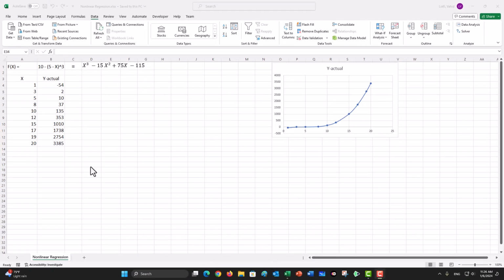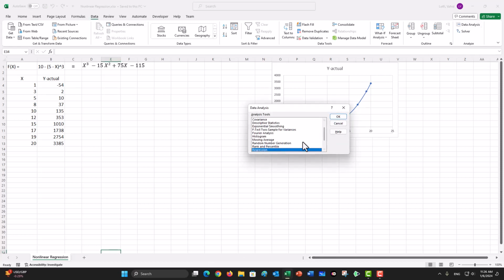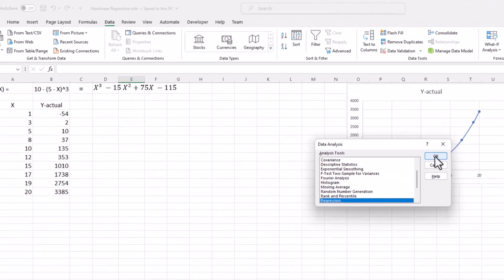To start, I will go ahead and click on data and then data analysis and select regression. Click OK.